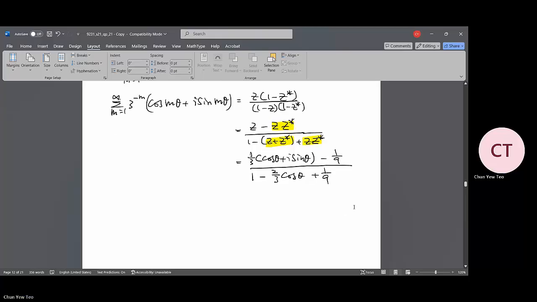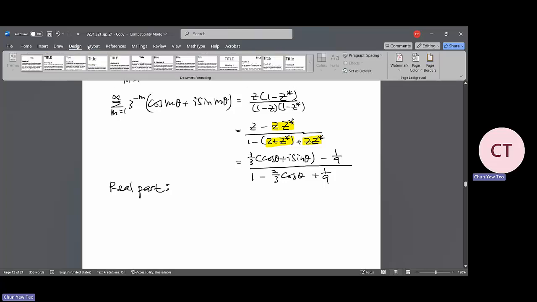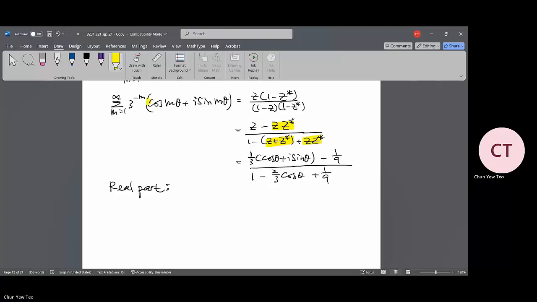Now we only want to consider the real part. So this is the real part, and this is the real part. By considering the real part, you get this.